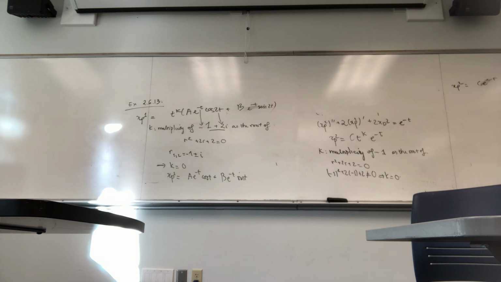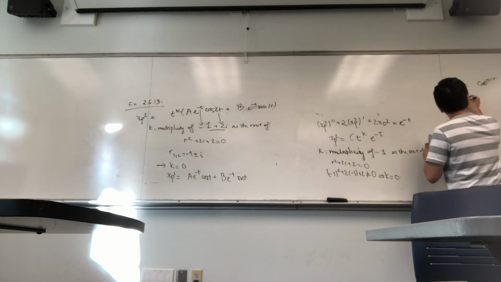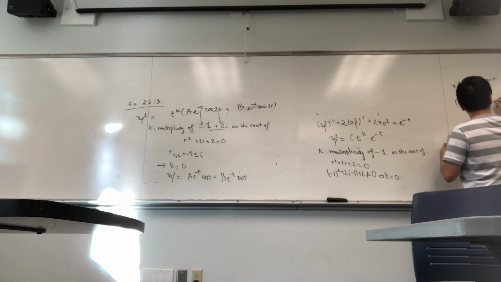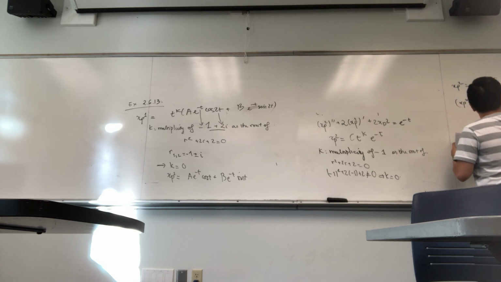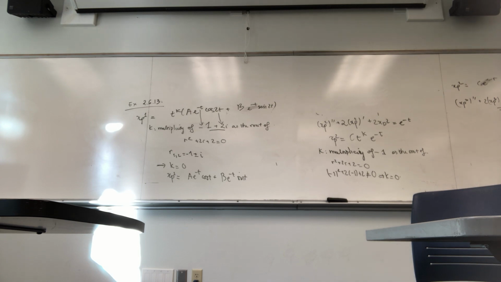Now I have to find xp3. xp3 second derivative plus xp3 prime plus 2 times xp3 is equal to minus 3 times cosine of t. All right? So what is the form of xp3?